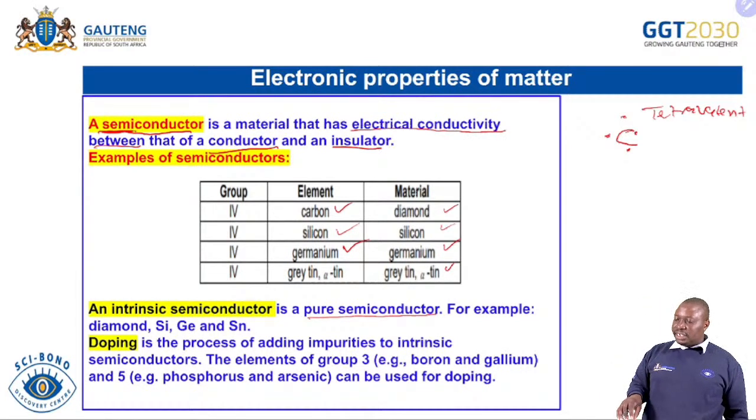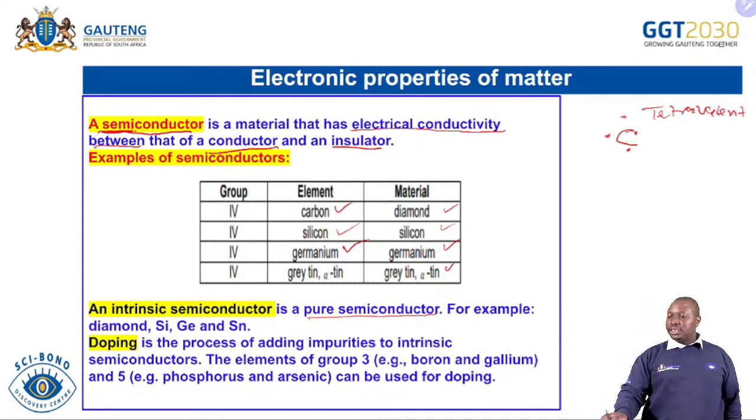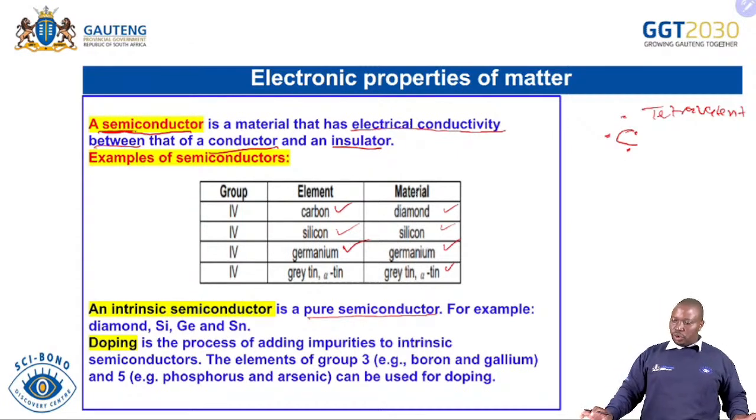We refer to them as intrinsic semiconductors because they are pure semiconductors. We can ask you in the exam, what is an intrinsic semiconductor? Pure semiconductor, we call it intrinsic semiconductor. We can ask you, what is a semiconductor? You will be able to say its electrical conductivity is between that of a conductor and an insulator. So you have to know that at all times.